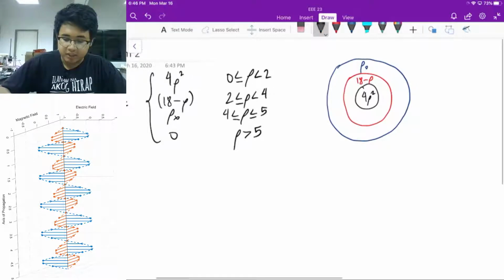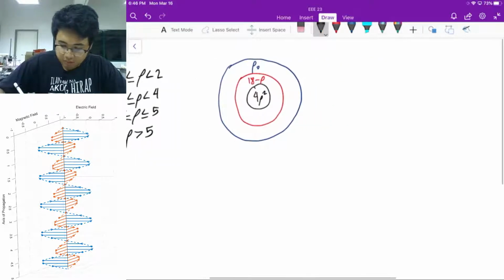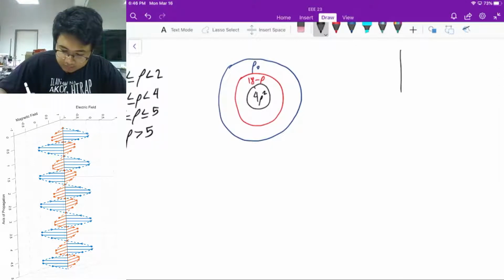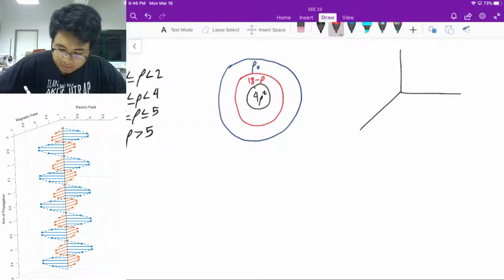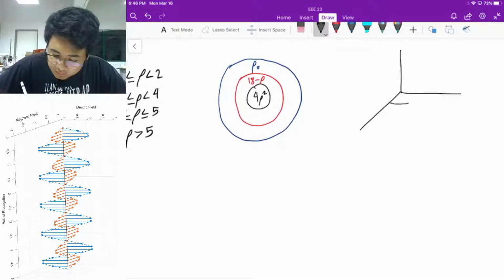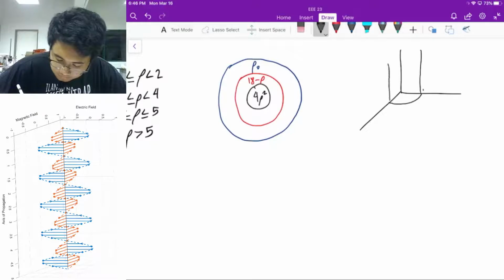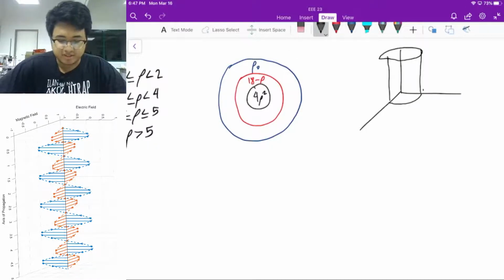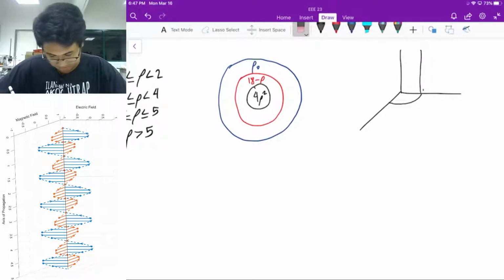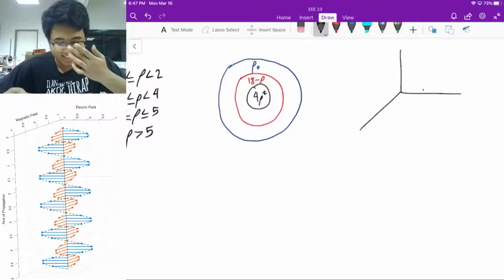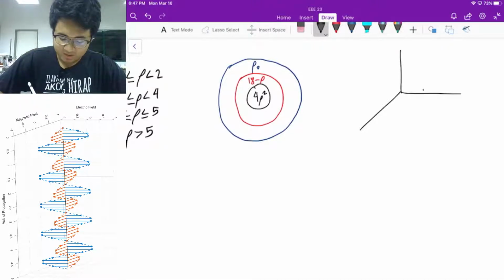If you're going to draw it in 3 dimensions, it's going to look like this. So the first layer is this one. Sorry, that's a bad drawing. I apologize for that. I'm not really good at drawing. Let me try that again. Right. So it looks like this.